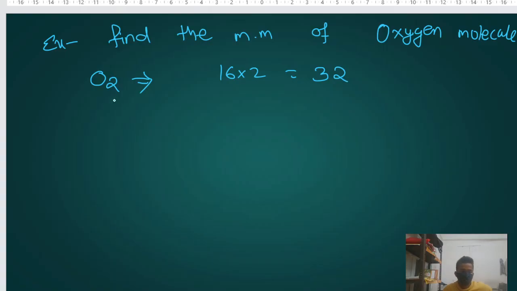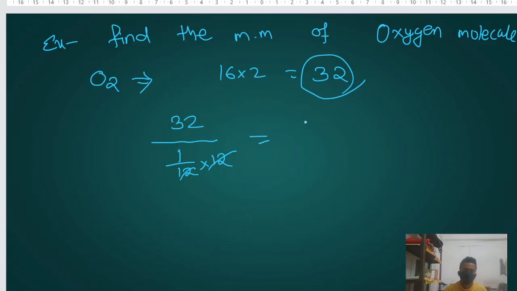To find the molecular mass, we have to divide this by 1 by 12 into the mass of one carbon atom. The carbon atom is 12, and the 12 will get cancelled, then we get 32 upon 1, that is 32.